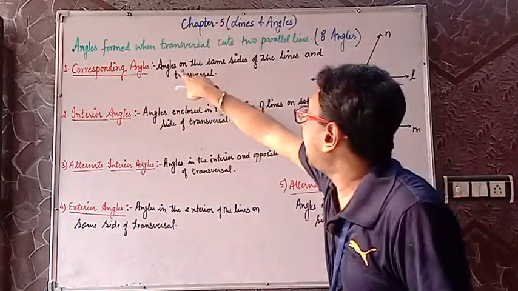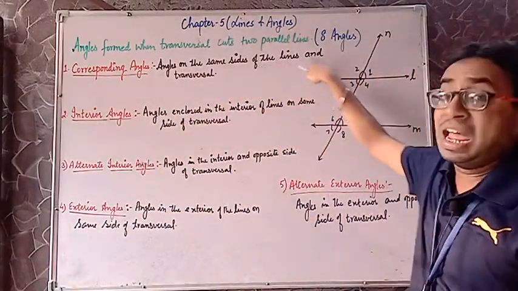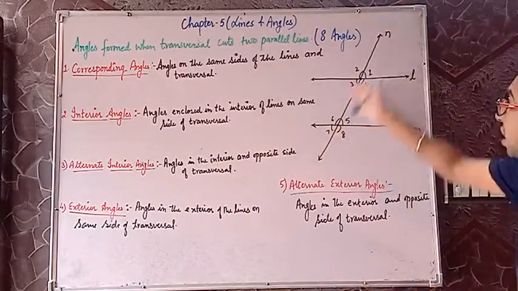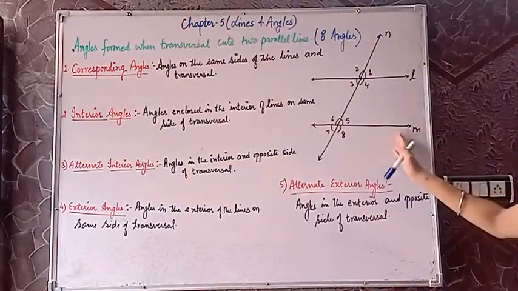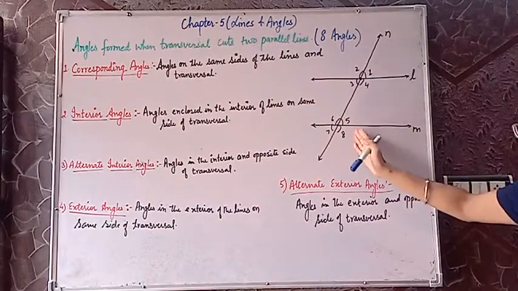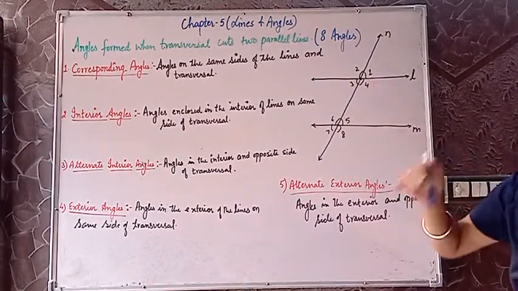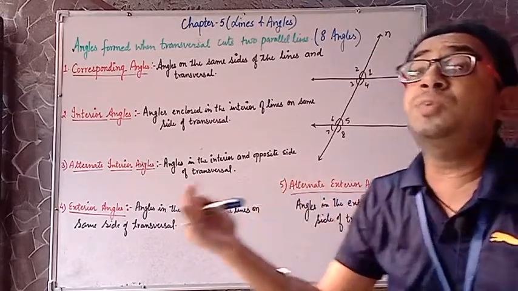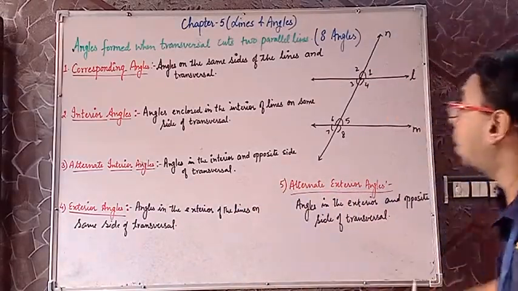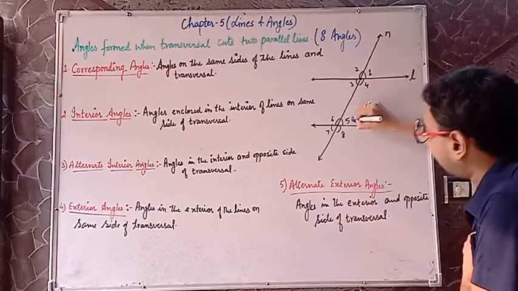Understand, these are angles on the same sides of the line and the transversal. This is the transversal and these are the parallel lines. Angle 1, angle 4, angle 5, angle 8 are in some context corresponding to each other. But how? Angle 1, angle 5.